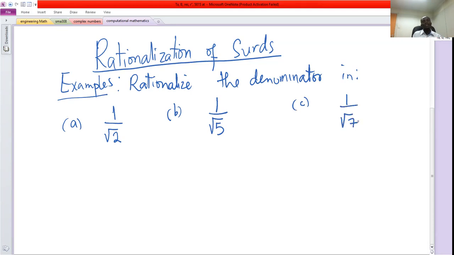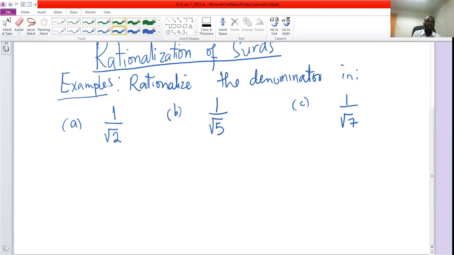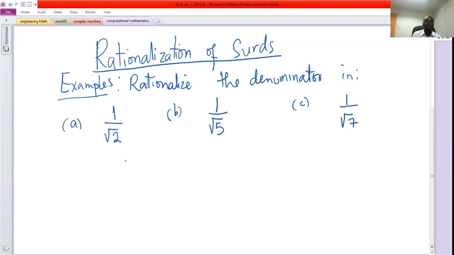These actually are just the appetizers. If you are given only one root term in the denominator, you multiply that same surd in both the numerator and denominator, and then simplify.